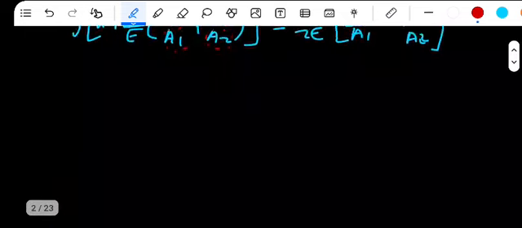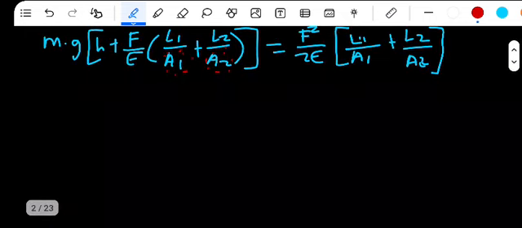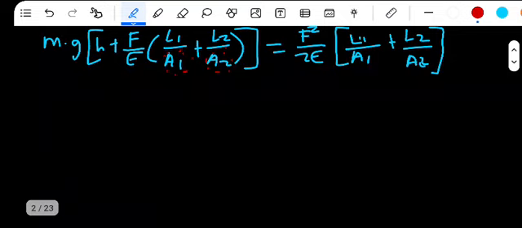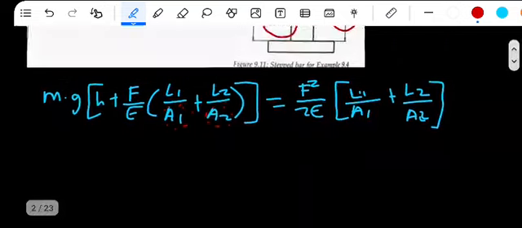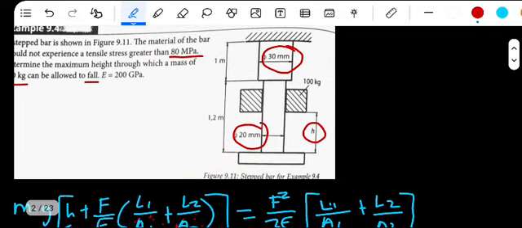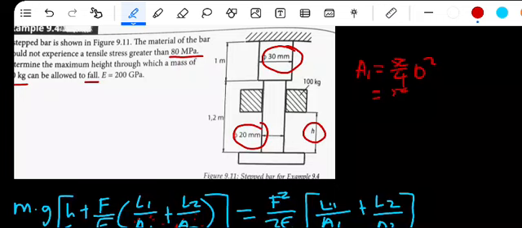Okay, for area 1, let me just calculate area 1 here on the top. Area is pi over 4 multiplied by d squared. So pi over 4 into the diameter, 30 mm, which is 0.03 m.